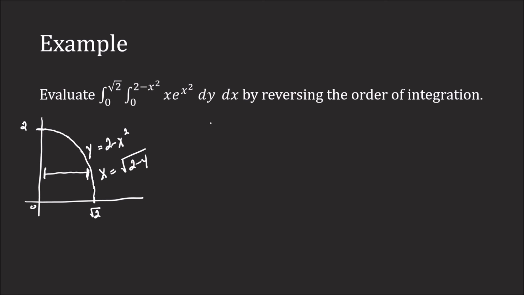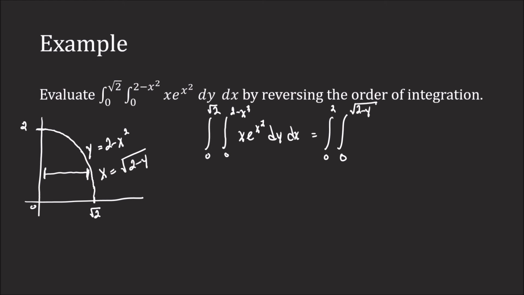So this integral is now this integral. The integral from 0 to 2 of the integral from 0 to the square root of 2 minus y of x e to the x squared dx dy.